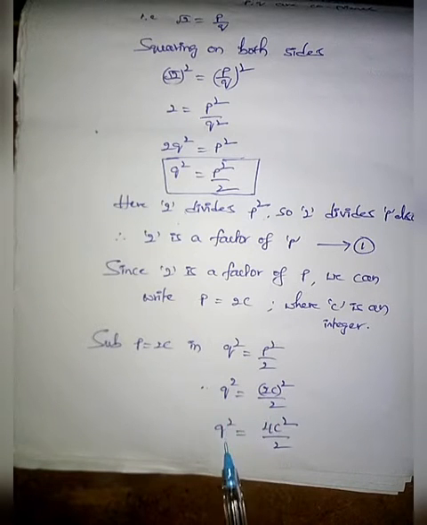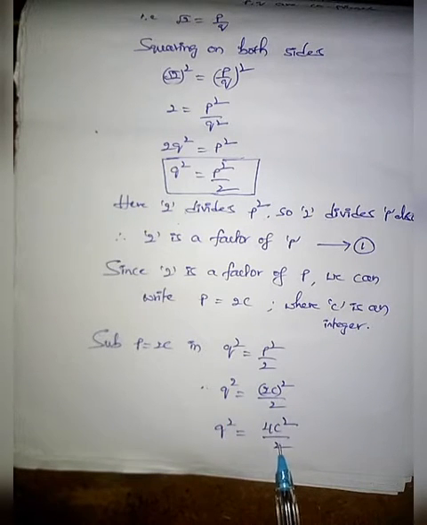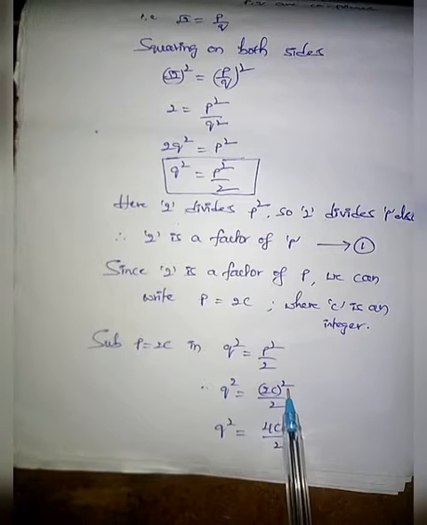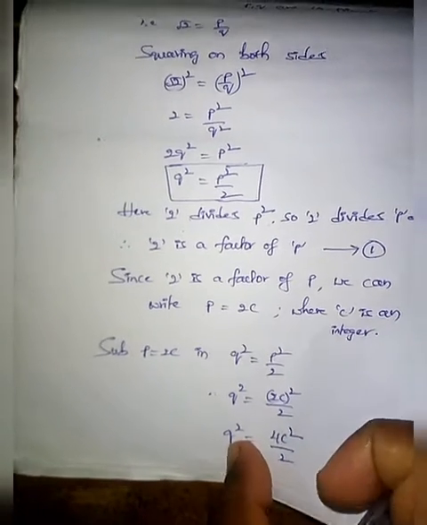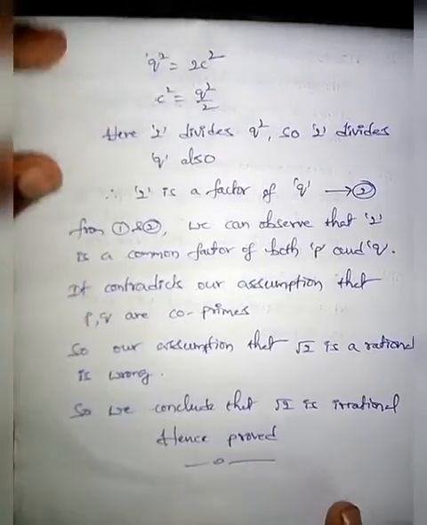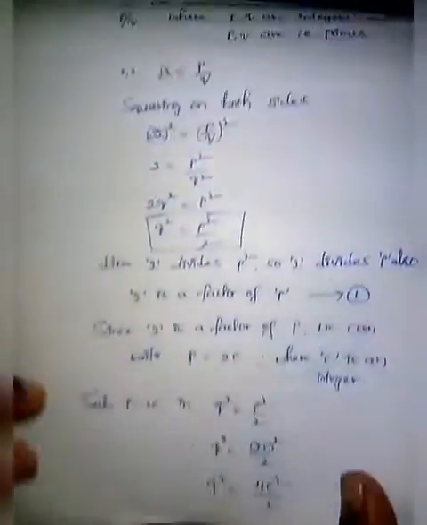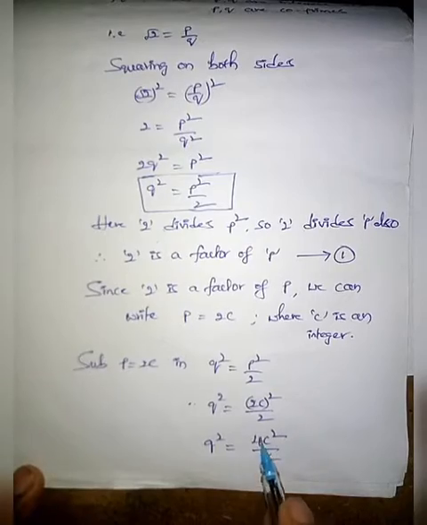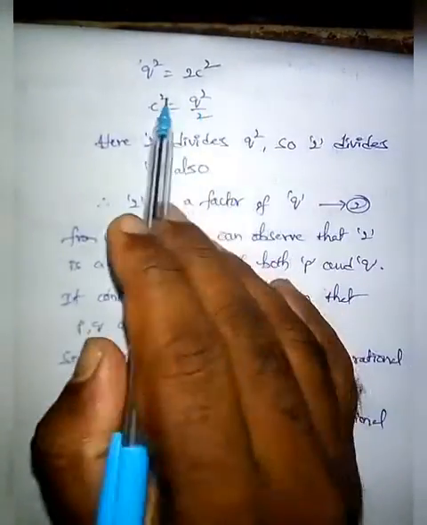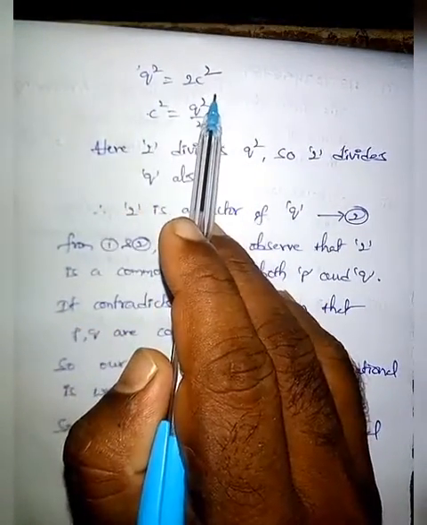Now simplify this. q square equals 4c square by 2, because 2c whole square, if you apply the square, is 4c square by 2. Here 2 gets cancelled in 4 two times, that is, q square equals 2c square. So I wrote here, q square equal to 2c square.